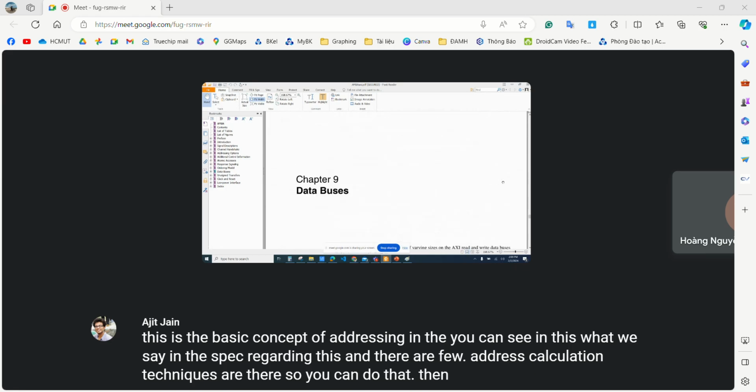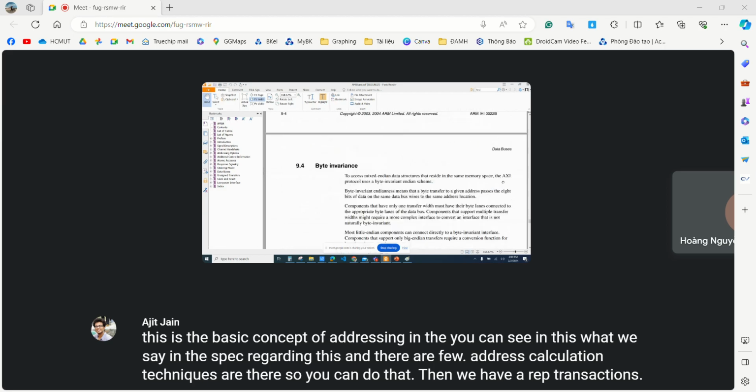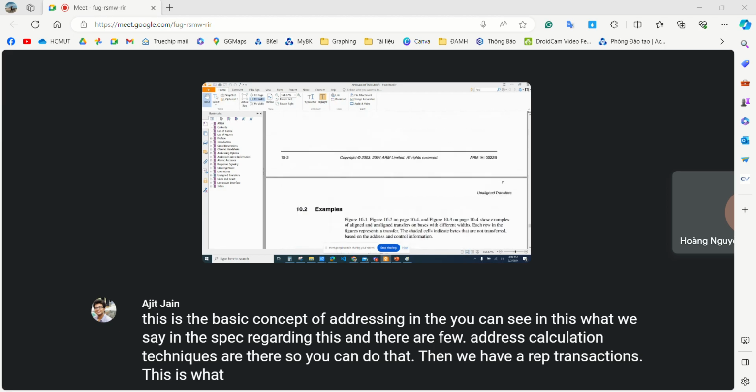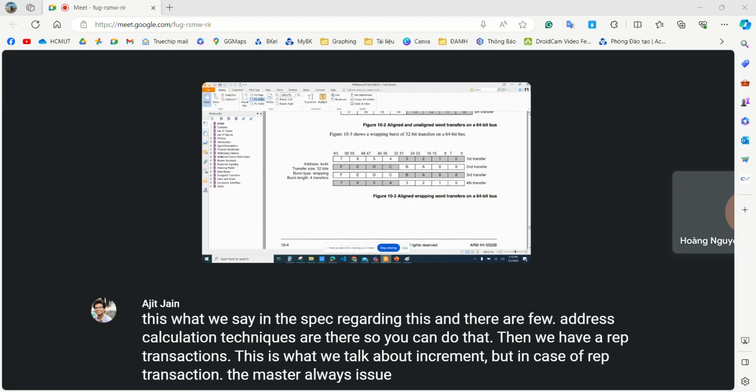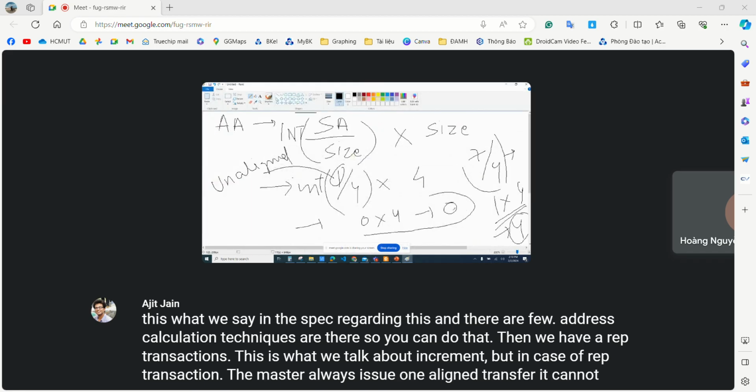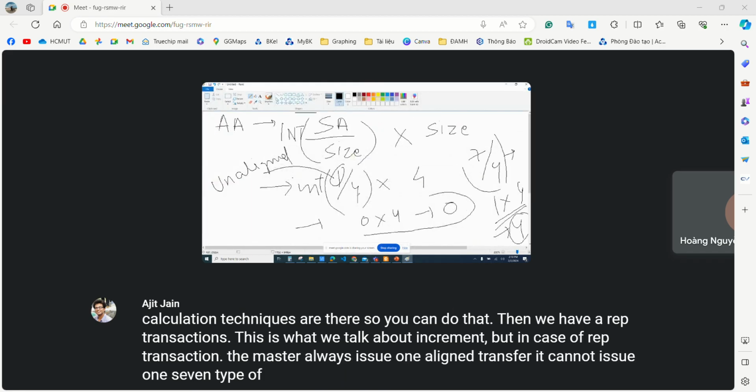Then we have wrap transactions. This is what we talk about increment, but in case of wrap transaction, the master always issues one aligned transfer. It cannot issue a 7 type of transaction. It has to issue depending on the size.